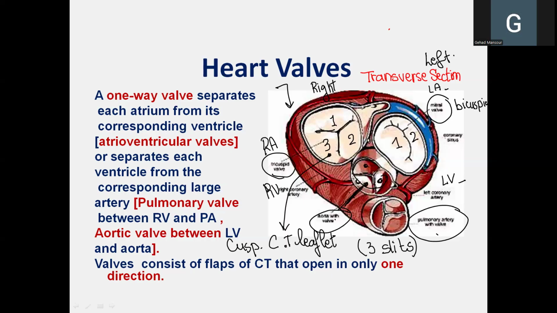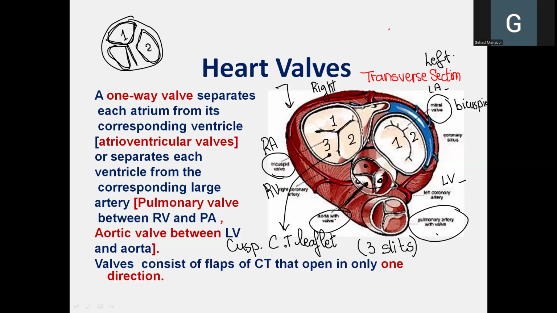Imagine you're looking at a deep pocket. Actually, every one of these valves looks like this. You have this sign in the middle, and we have three cusps or cup-shaped structures here, or pocket-shaped structures, and you're looking at the pocket from above.